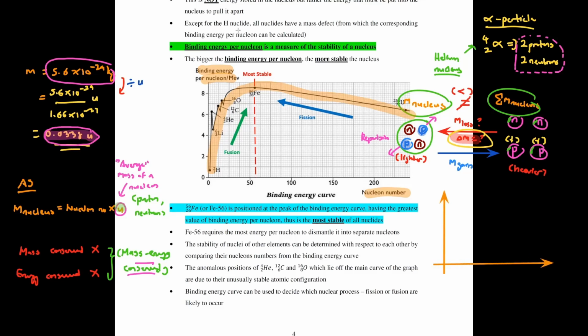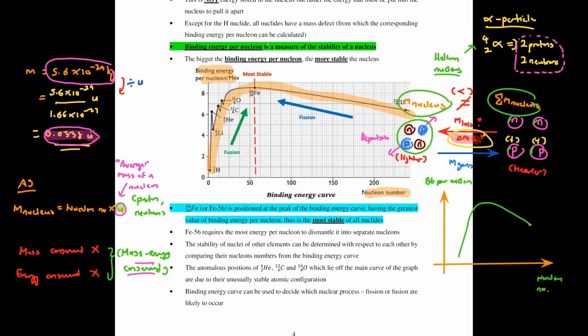Just disregard the sharp peaks there in the first place. This is BE per nucleon, this is nucleon number. It looks like that in general.